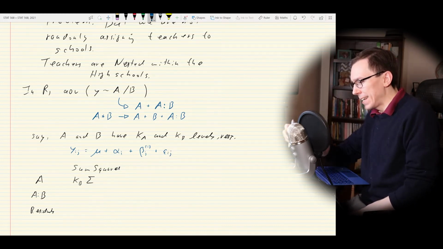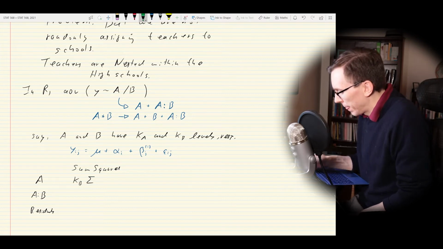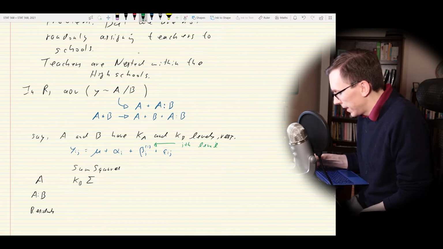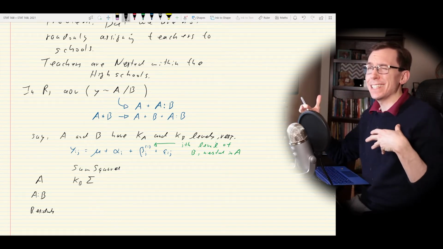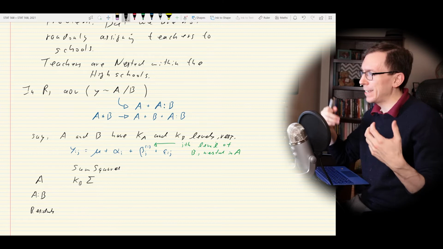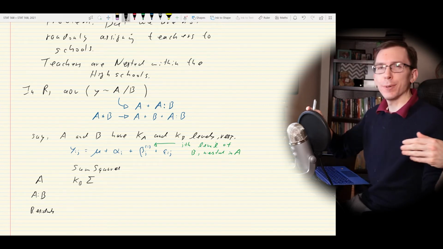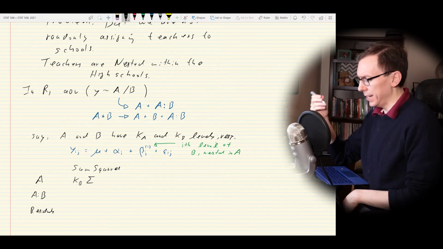So the point is that now this is the jth level of B, but nested in A, which means that it's basically equivalent to the interaction term between A and B, but we have to remember how we interpret it in this case.